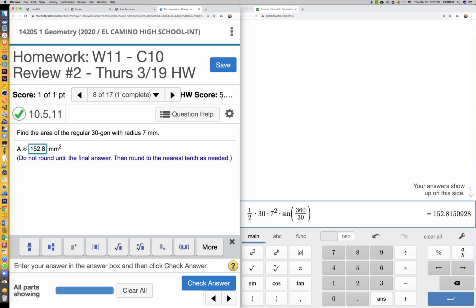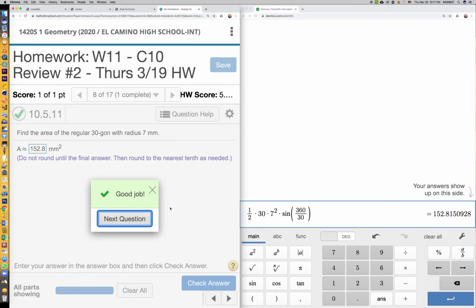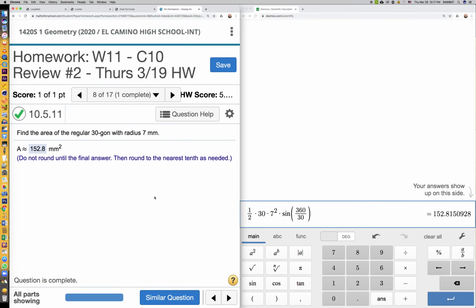The advantage of using the Desmos calculator is you can go back and modify your formula over here and then come out with a new answer. Later on, you can see that you can copy the whole thing and paste it again if you want to. All right, so we're done with question 8.